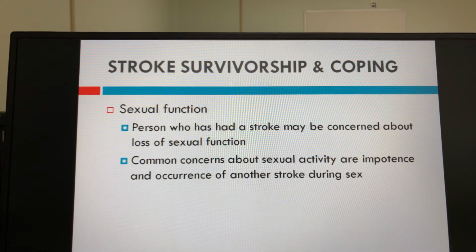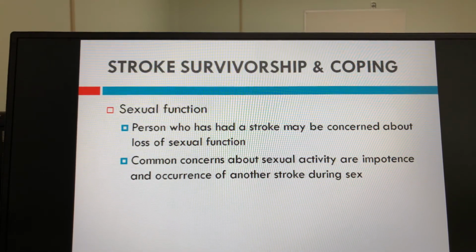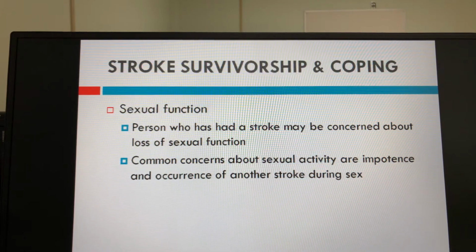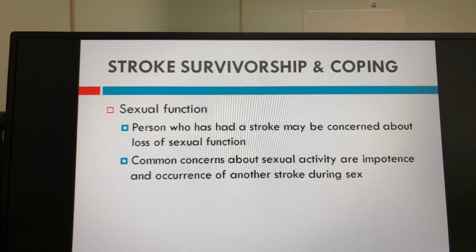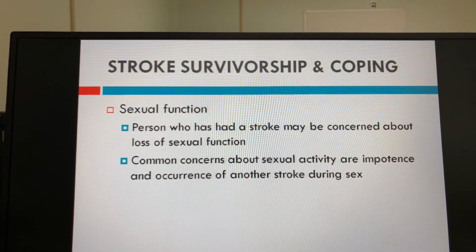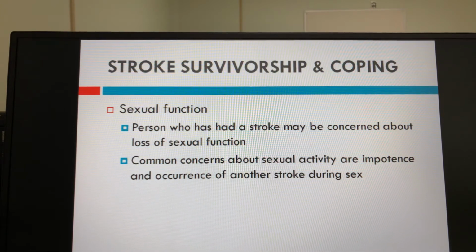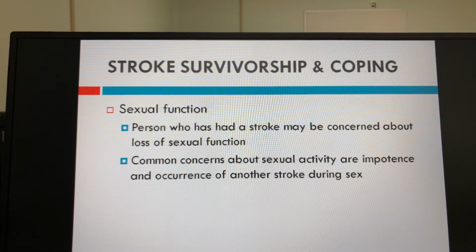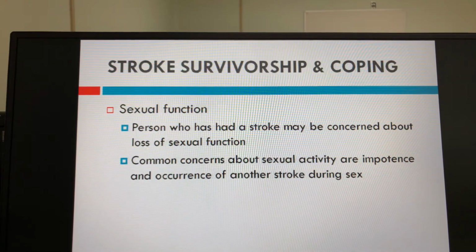We have to be an active listener to allow expression of fear, frustration, and anxiety, include the family in goal planning and patient care. We want to support family conferences and identify support groups and referrals.